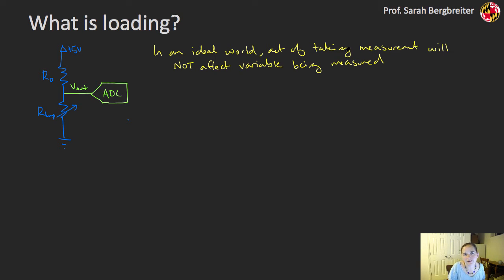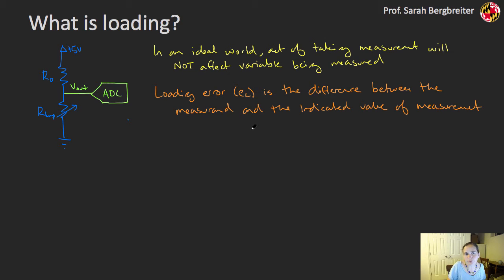Another way to say that is in an ideal world, the act of taking a measurement will not affect the variable being measured. But that's an ideal case. And so we can define a loading error, EL, as the difference between the measurand and the indicated value of measurement. So basically my V out before I've added the ADC to this and after I've added the ADC.